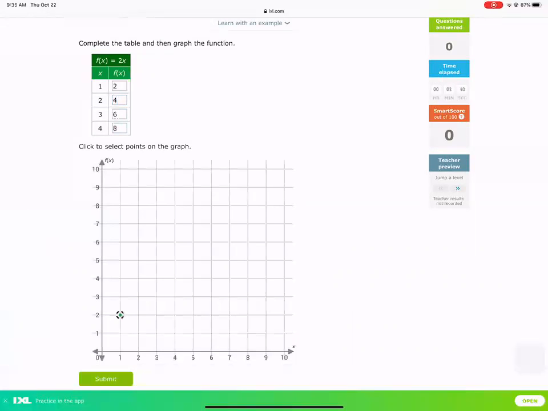We put a dot on the graph, just like what we practiced before. Now the next point will be 2, 4. Put a dot on the graph. Look, it graphed it for me. Would 3, 6 be there? Hey, it does fit there, doesn't it? How about 4, 8? It is on the graph. So you really only need 2 points. Once you plug in those 2 points, you can just double check to make sure your line is correct.